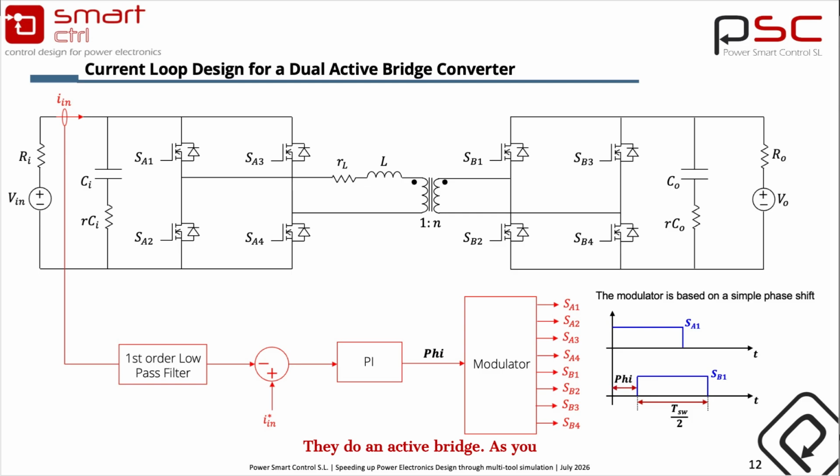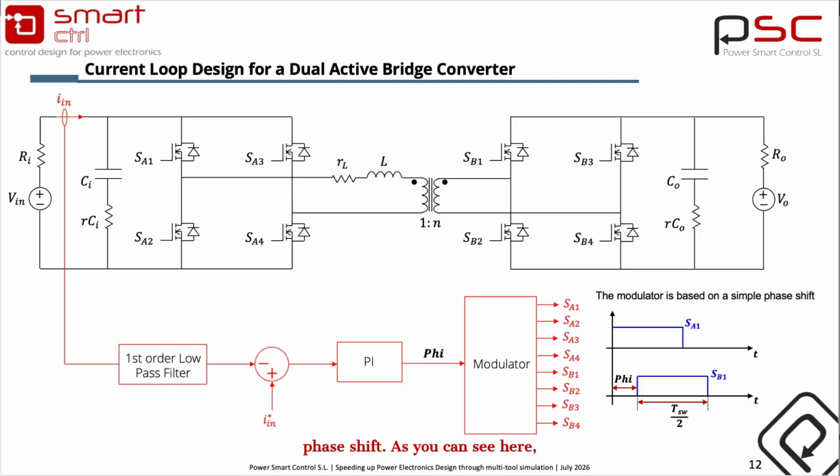As you can see here, we are sensing the input current. Then we have a first order low pass filter in order to attenuate the ripple of the current. Then we implement a PI compensator in order to impose the phase shift angle. In this case, the modulator is based on a single phase shift.